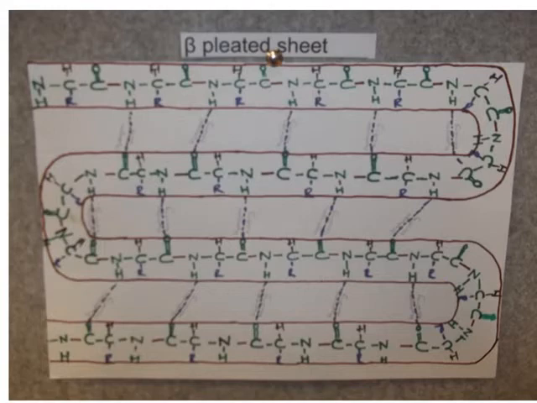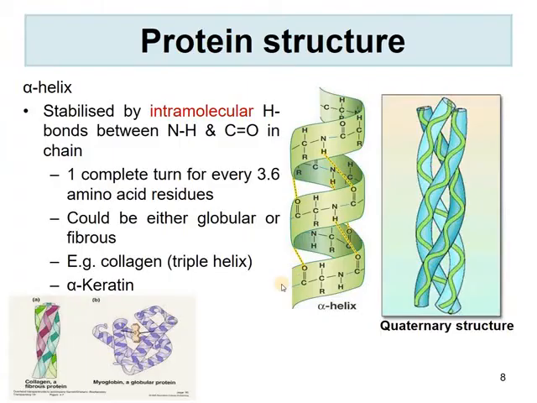Okay, so carrying on, then the secondary protein structure will be the alpha helix. The alpha helix, like I already mentioned, is shaped like a spring or like a telephone cord. Unlike the beta sheet, it's actually stabilized by only intramolecular hydrogen bonding.